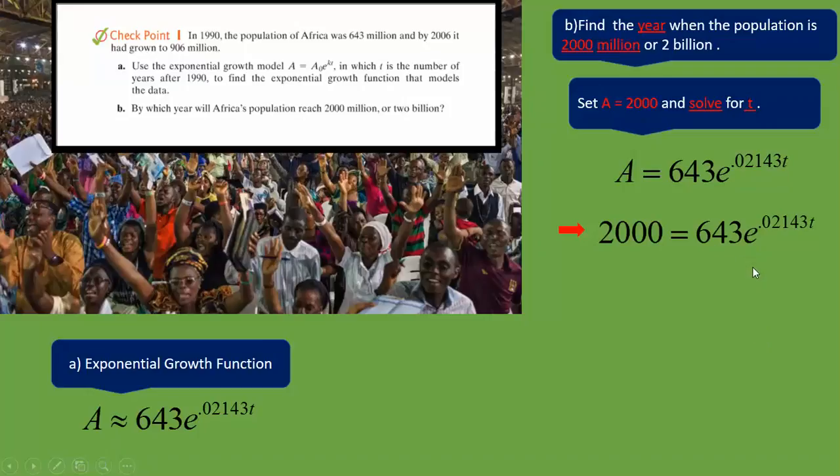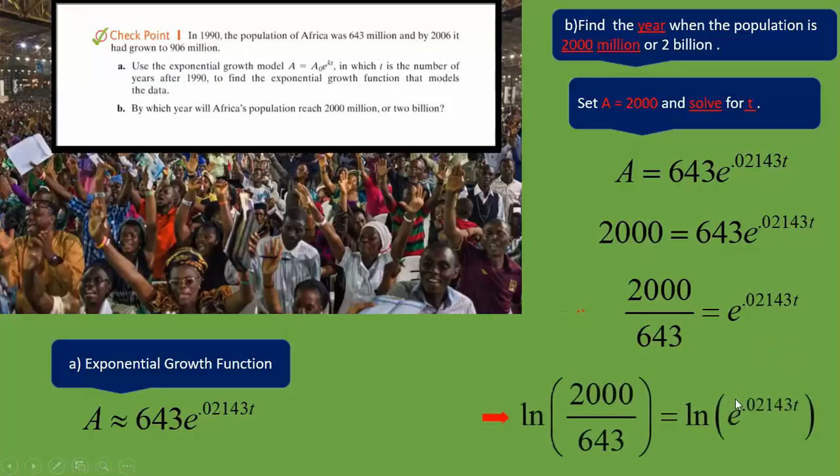So this is 2,000 is equal to 643 e raised to the 0.02143 t power. And so again, we end up with an exponential equation that we want to solve. So now we divide both sides of the equation by 643, so we end up with this fraction.